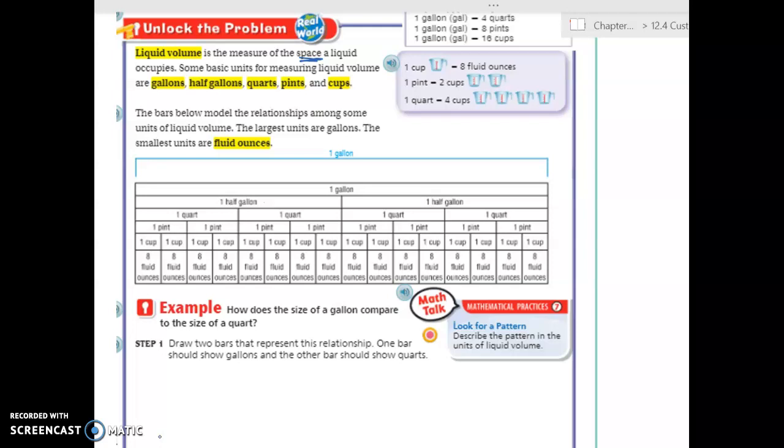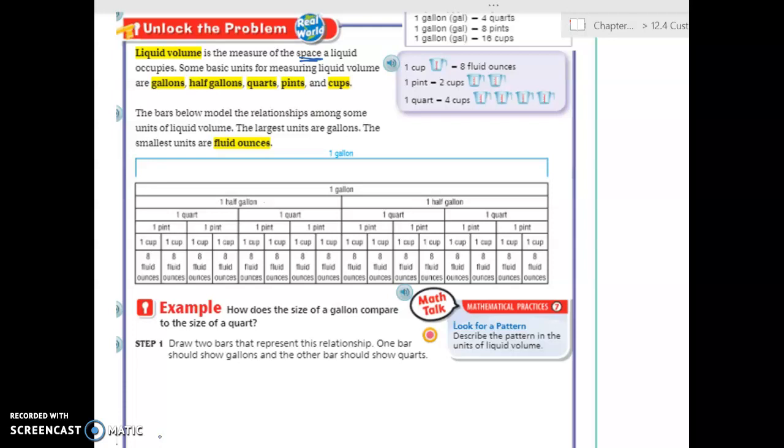Again, 1/2 plus 1/2 gives us 1 whole. 1 quart plus 1 quart plus 1 quart plus 1 quart. Together, 4 quarts equals a gallon. And you can see here how it's broken down with how many cups equals a gallon and how many fluid ounces equal 1 gallon.